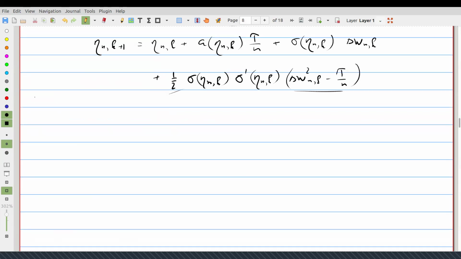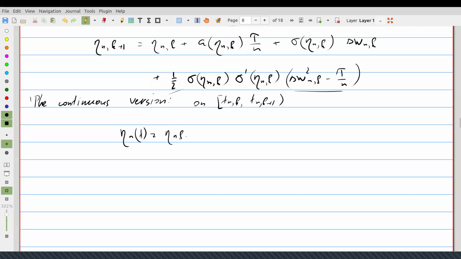Now, the continuous version, which is typically how it goes for proofs. The continuous version is typically as follows: on the k-th segment of our partition, we take, again dropping the tilde, X at t_nk plus sigma times W_t minus W_t_nk.